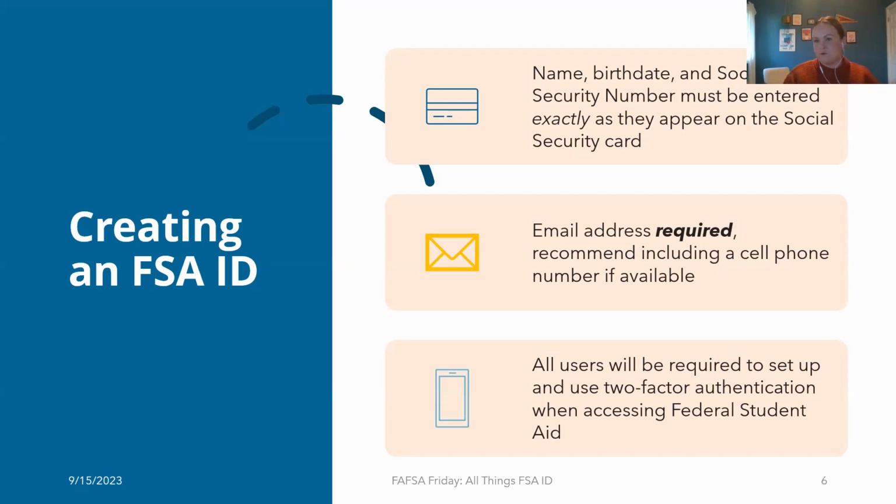The other option for two-factor authentication is using an authentication app. I will be very honest that that is not an option I've seen people use very frequently to date. I think it's much more common to use the email address or get a code texted to your phone, but it is an option for people who prefer authentication apps.